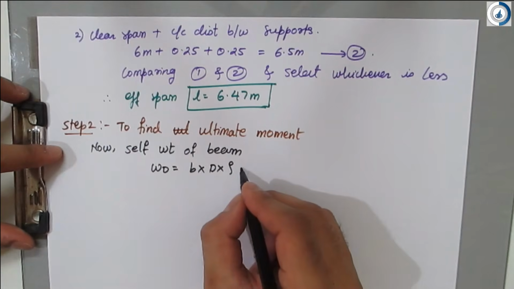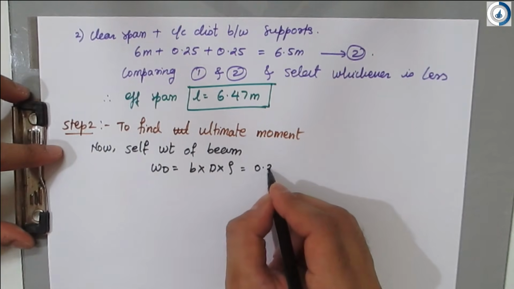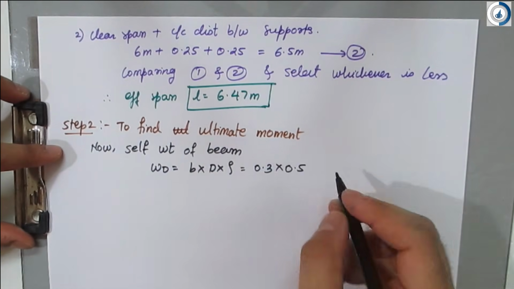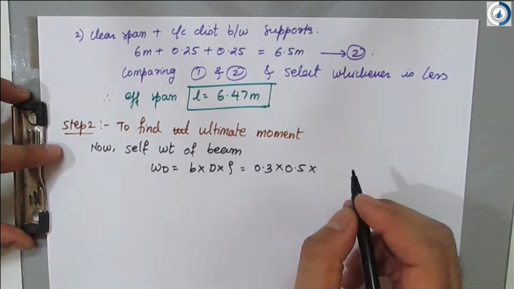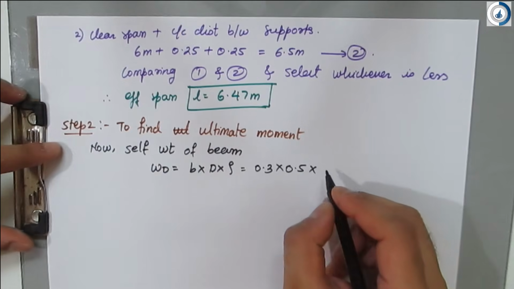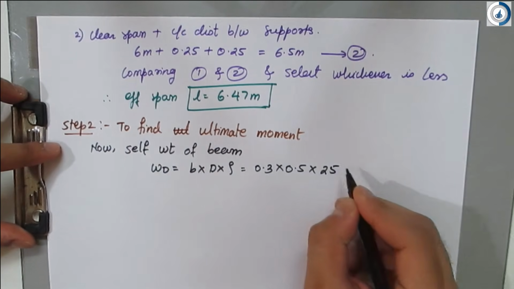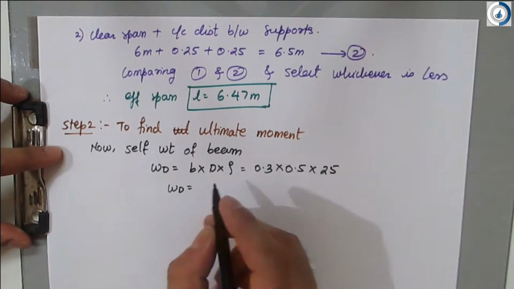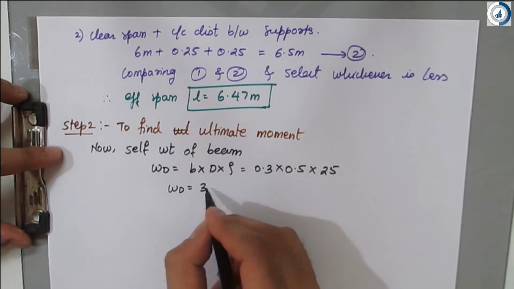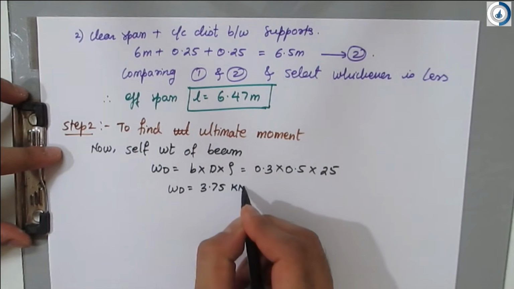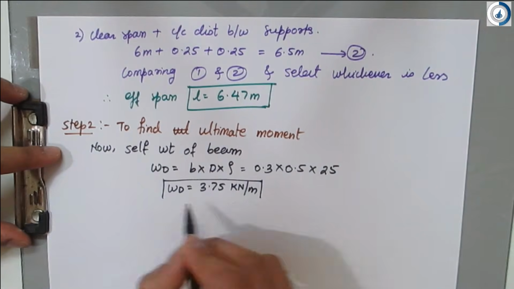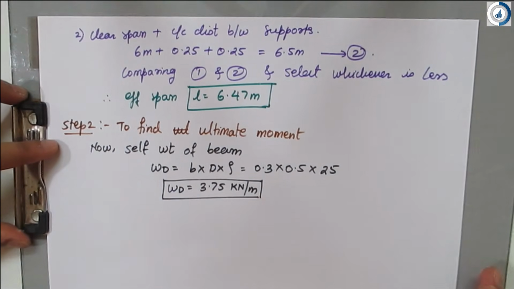So now the width is 0.3 meters, depth is overall depth 0.5 meters, that is 500 mm, and the density of concrete is taken as 25 kilonewton per meter cube. So now this works out to be 3.75 kilonewton per meter. So this is your self weight of the beam.